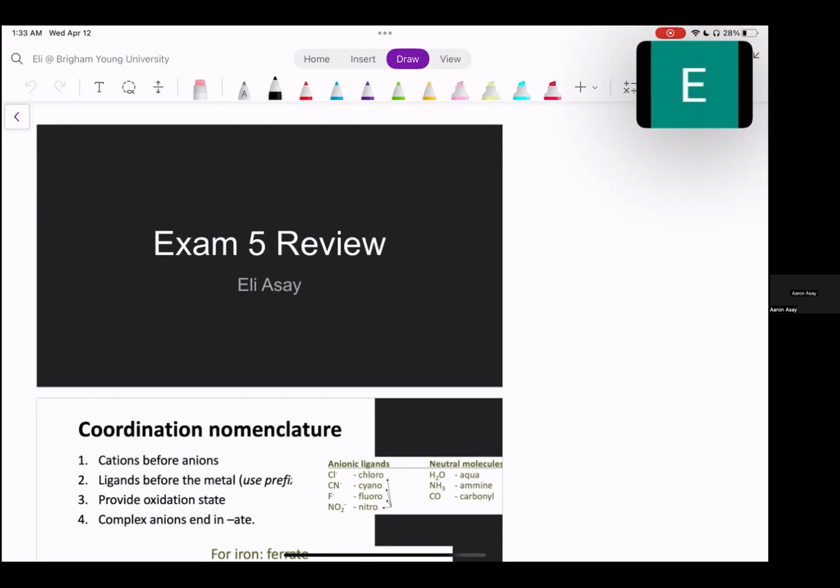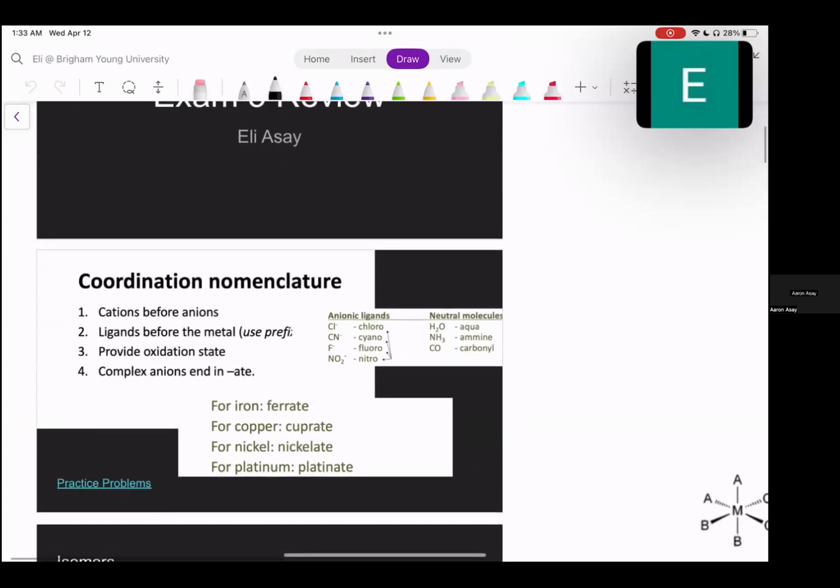Cool. So that being said, let's jump into it today. First, we're going to talk a little bit about coordination nomenclature. This is something that I hope all of you are feeling pretty familiar with, and that's the process up above. Make sure that your cations go before your anions, that you name your ligands before the metal, and that you use the prefixes for them.